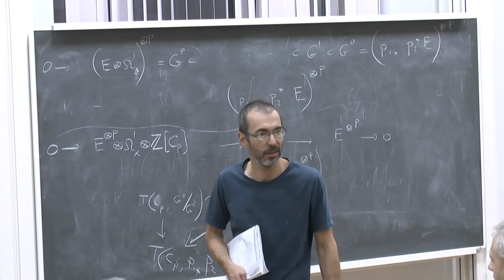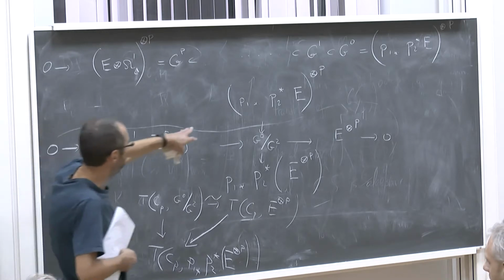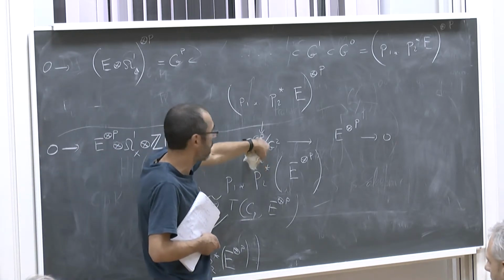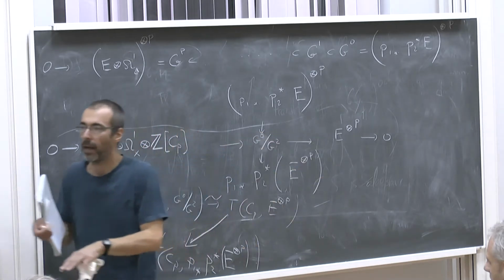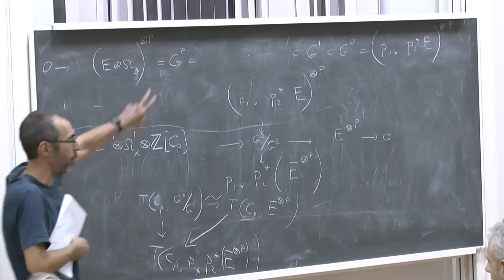The Frobenius neighborhood. Can you repeat the question? Yes. Roma suggests that maybe even one could replace this construction, the second infinitesimal neighborhood, by the Frobenius neighborhood of the diagonal, or maybe by the PD completion of the diagonal. I don't think that the first has any chances to work, and the second is, well, I don't know how to do this.